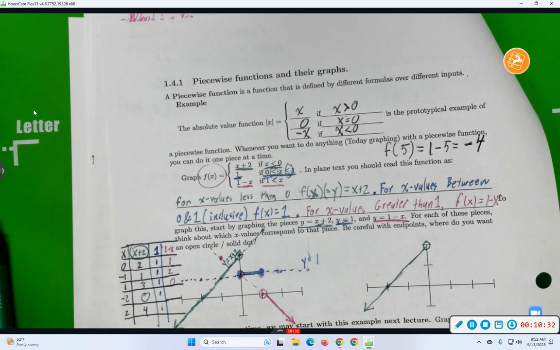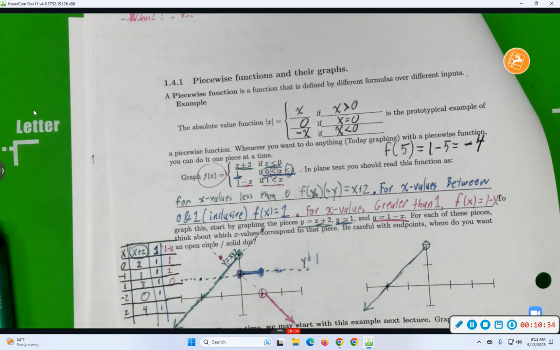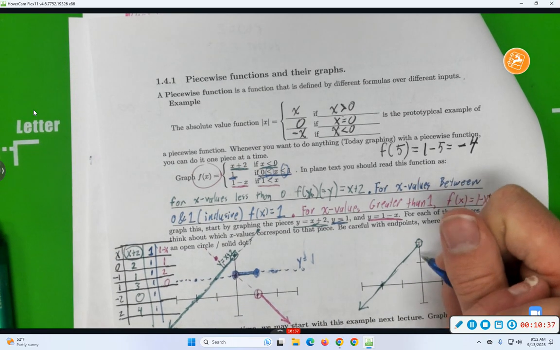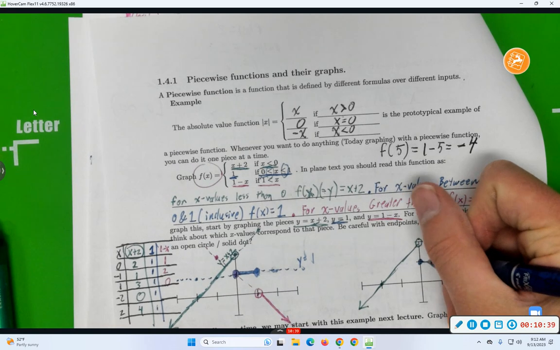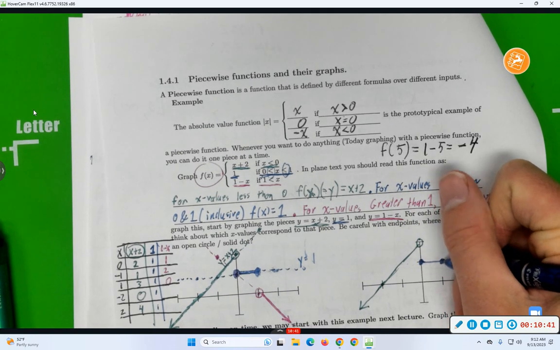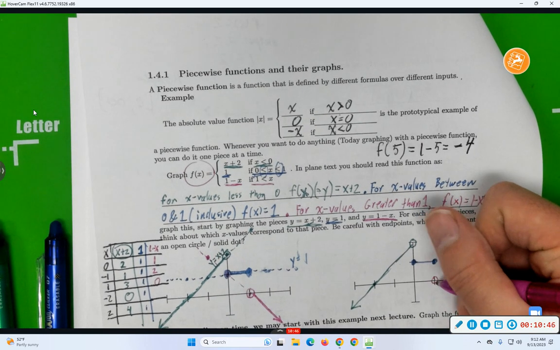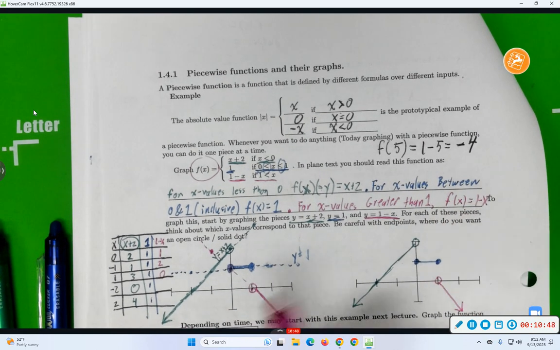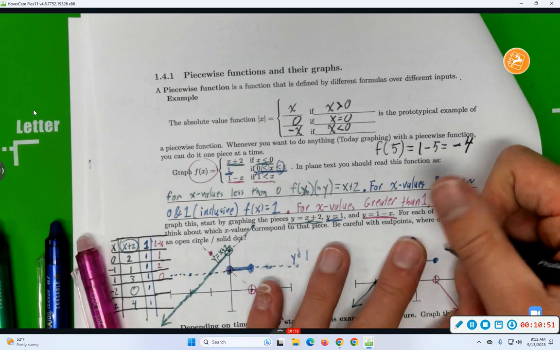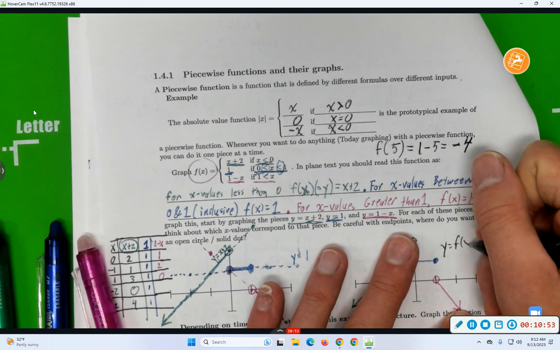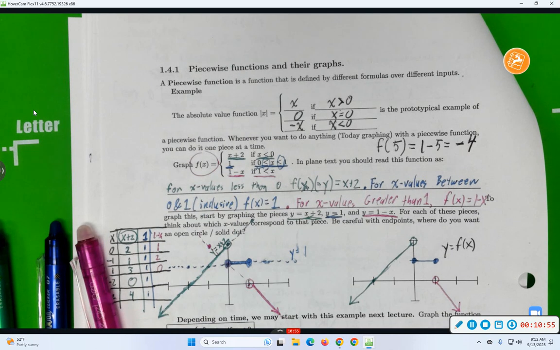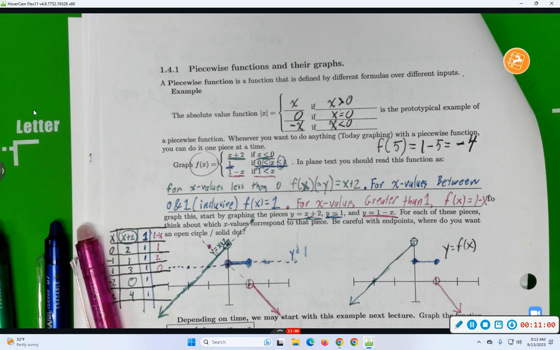When x is less than 0. And now the color coding matters less, but I'll still do it. So this right here is just the graph of y equals f of x for this particular function. That feel pretty okay? So there's the whole philosophy of graphing piecewise functions. Graph each piece, put them all together.